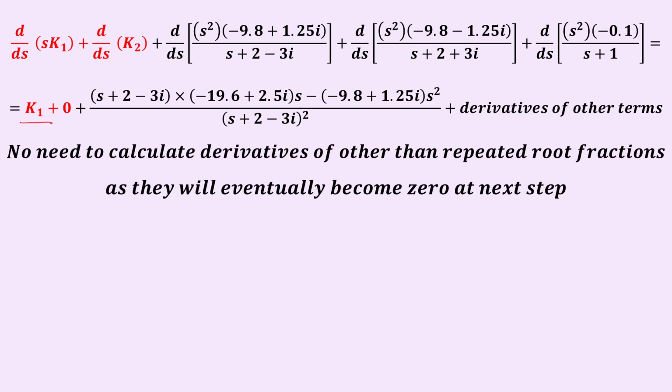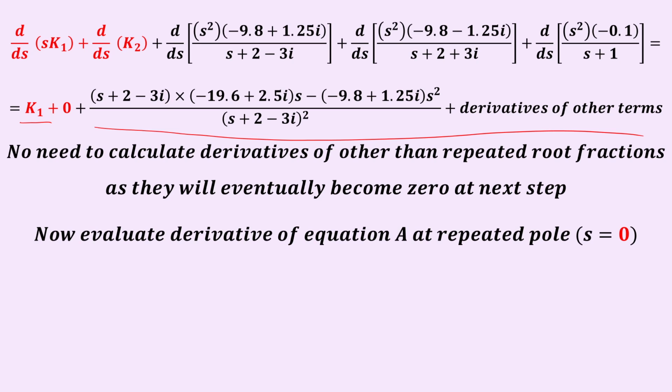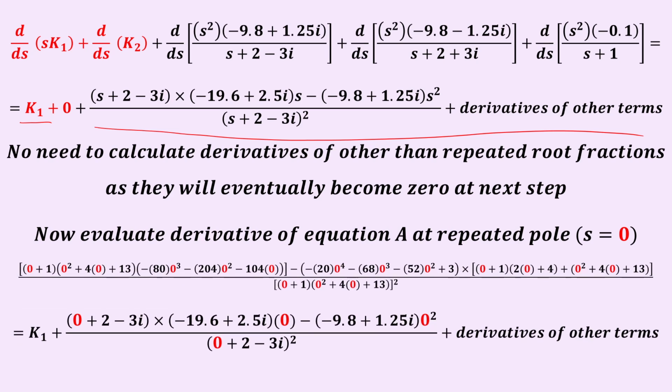When we evaluate this complete equation for K1 at the repeated pole value s equal to 0, the terms based upon the other residues will eventually become 0. Now when we evaluate this complete equation at the repeated pole value s equal to 0, this will be the resultant.